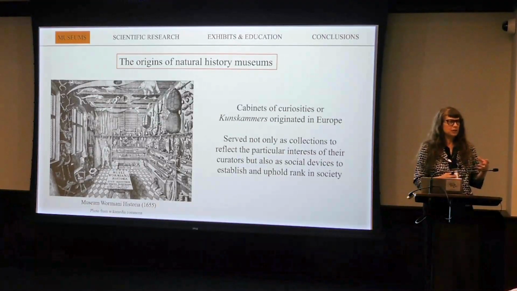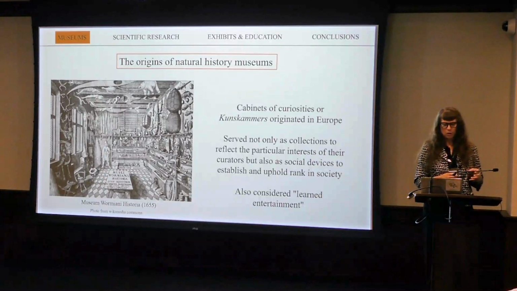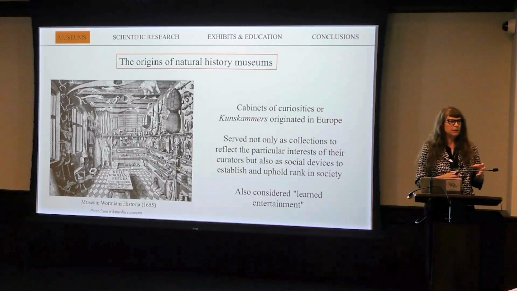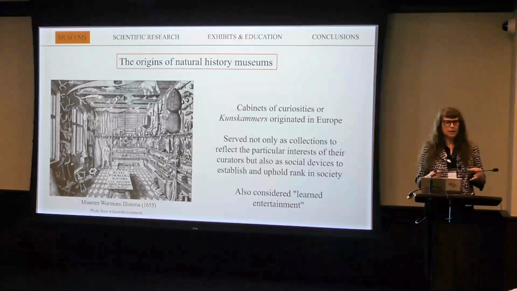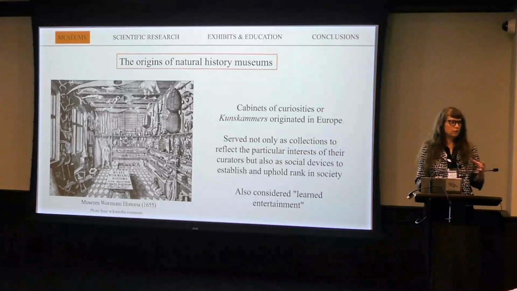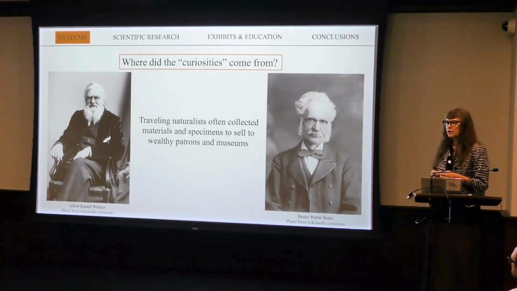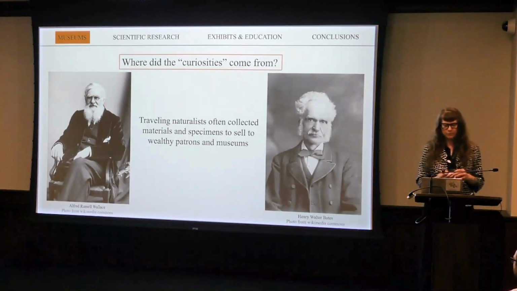They were to establish and uphold rank. But at the same time, they were also considered learned entertainment. So even back then, people recognized that while they were fun and engaging, you still could learn from these collections.